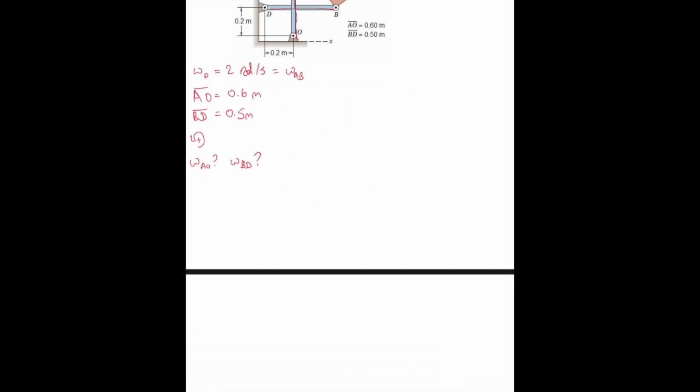We want to find the angular velocities of the links AO and BD. So these links over here. First thing we're going to do is find the rotation about a fixed axis using vectors.